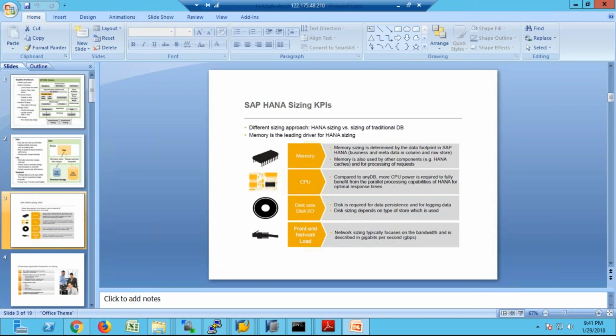And even before that, what you need to understand is that sizing does not rely completely on one person. It's actually a collaborative work between SAP, the customer, and the hardware partners. So it's not just about one party, everyone has some role to play.